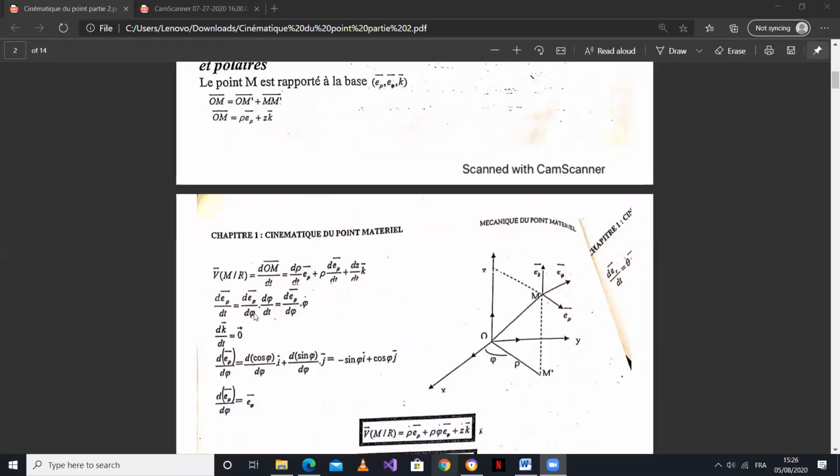I explained this to you guys, I emphasized it. Are we together? We are together. Yeah, so what's the derivative of e rho par rapport à d phi? What's it going to give us? E theta.